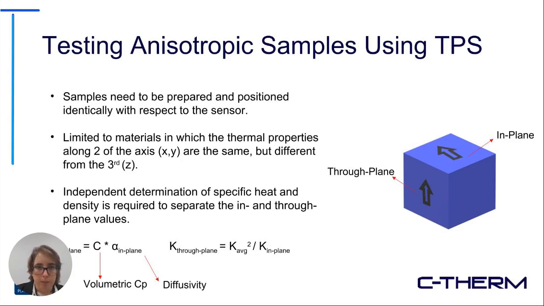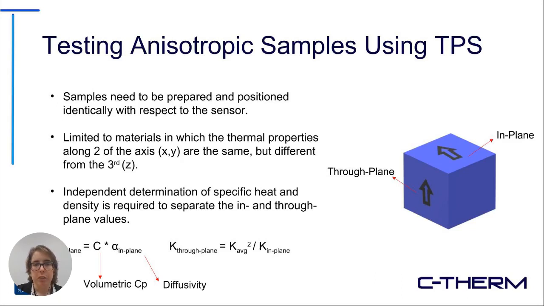When you're testing these samples, what you'll need to do is keep track of the in-plane versus the through-plane directions, and set up the experiment over the sensor in such a way that both samples are aligned in the same manner. So the in-plane directions are parallel, and the through-plane directions of each sample are parallel.